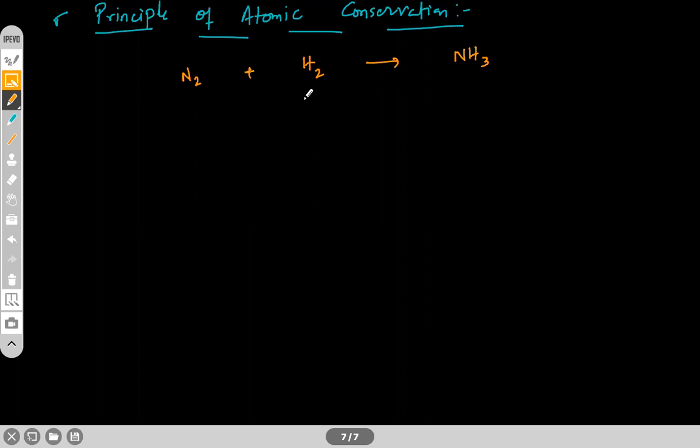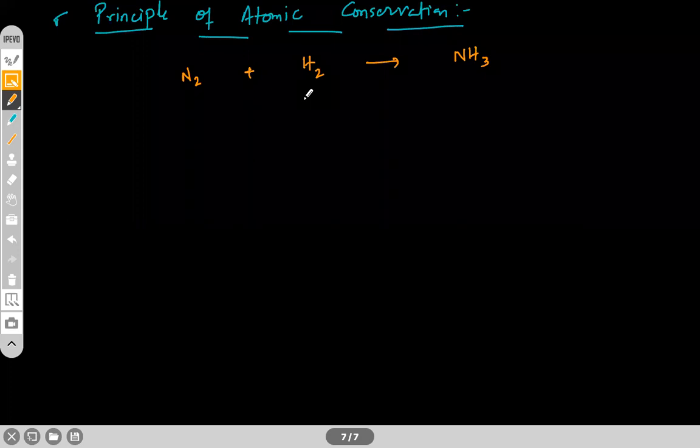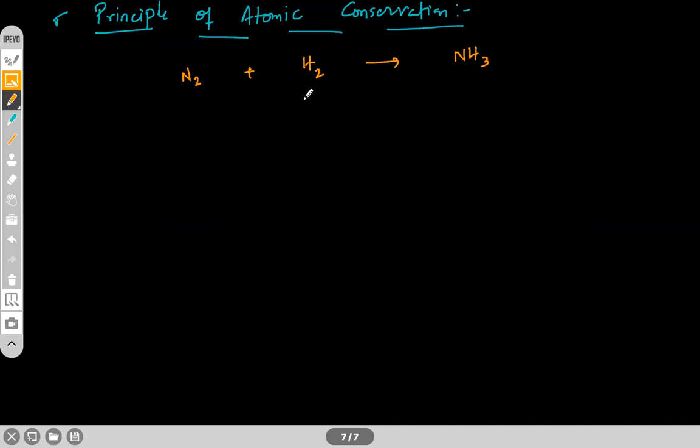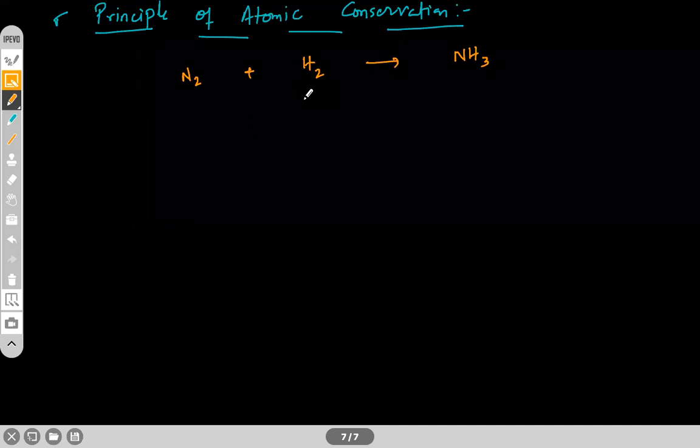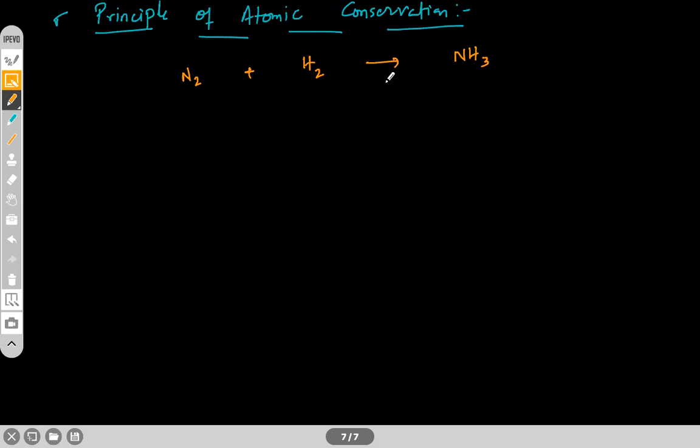But to understand this concept, let us assume for a few minutes that you do not know how to balance the reaction. Since we do not know how to balance it and the initial moles are not given, but you know the fact that the atoms in a reaction remain conserved.